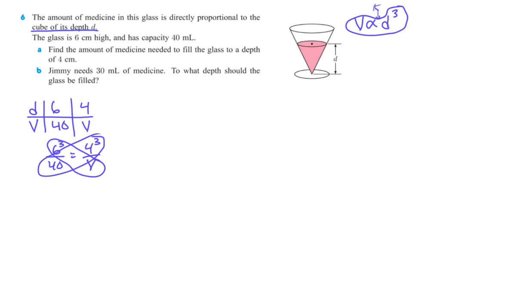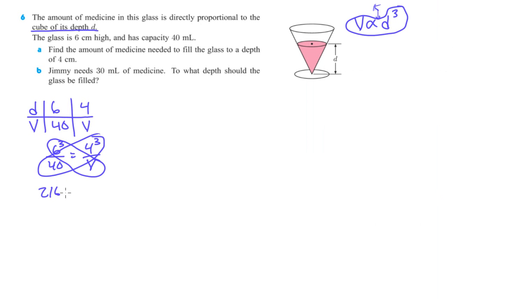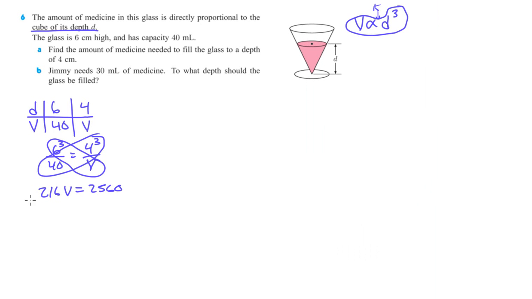So 6 cubed, 6 to the third, gives us 216. 216v is going to equal 4 cubed, 4 to the third, times 40, which gives us 2560. Then we divide both sides by 216 to figure out what our volume is going to be.